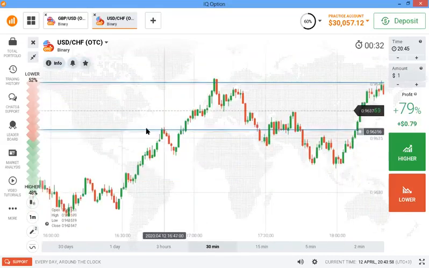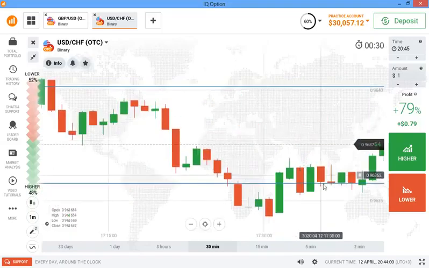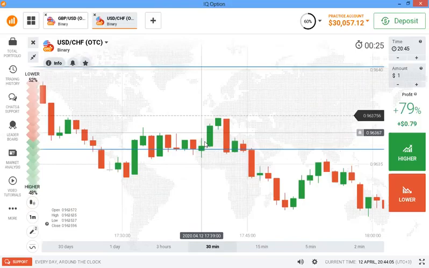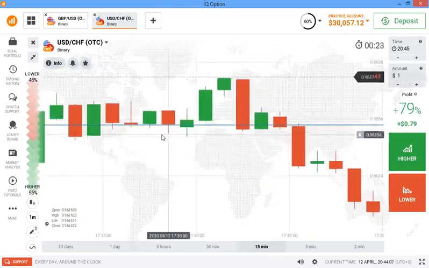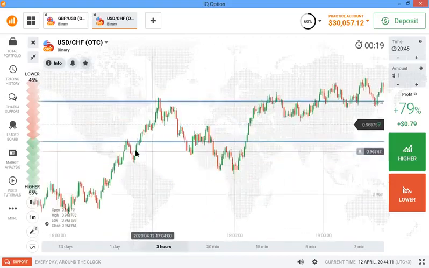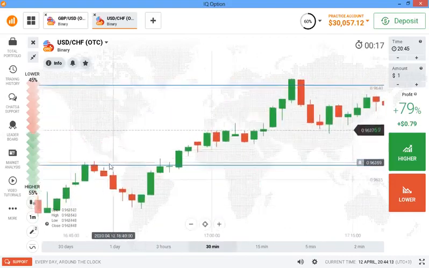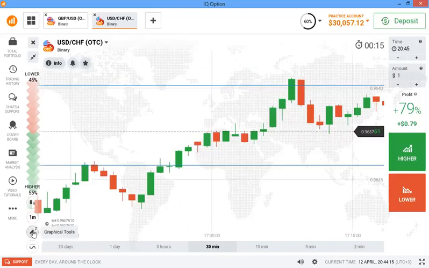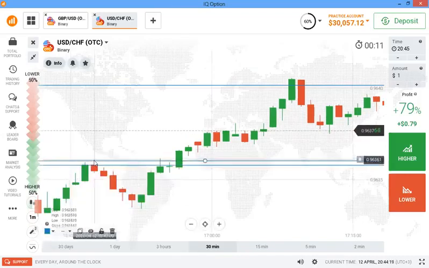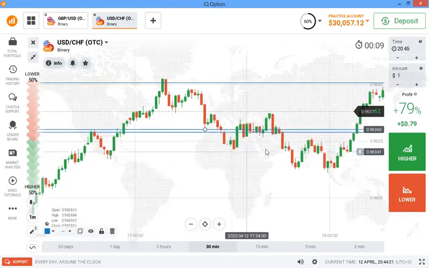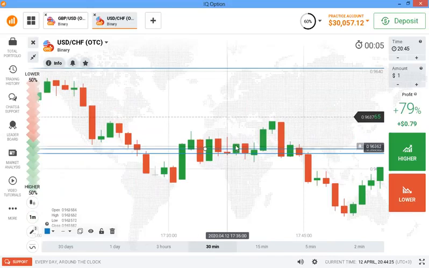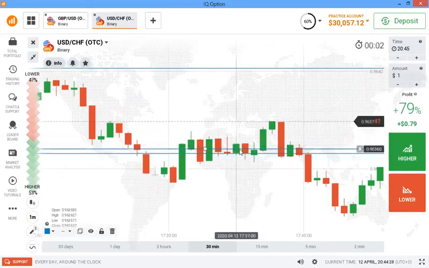I have gotten resistance, support. So if market should come to that level here, I want to draw an area. Let me draw an area here. The highest point here and the lowest point here, the highest point of the resistance and the lowest point of the resistance.